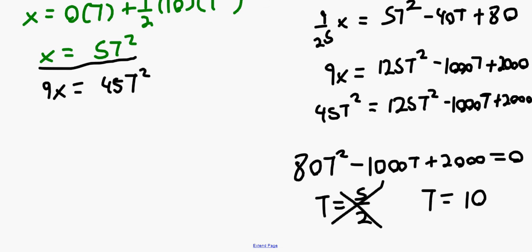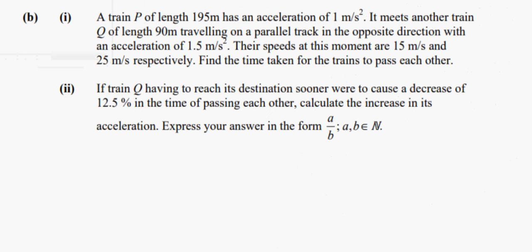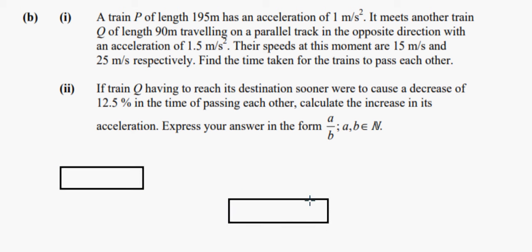Okay? So, first thing I don't want you to get mixed up with is just because they're going in opposite directions doesn't mean that you have to account for negative distance. Okay?